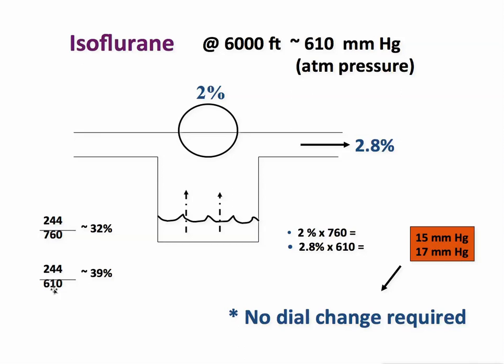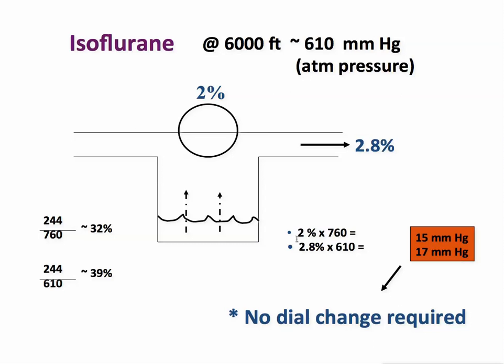At 610 atmospheric pressure, which is at 6,000 feet elevation, the vapor pressure of isoflurane doesn't change. It's still 240 or so, divided by 610 leaves you with about 40% at equilibrium, which means that your vaporizer will be putting out more than what you think it is. In fact, if you set the dial at about 2%, you actually are putting out about 2.8%.